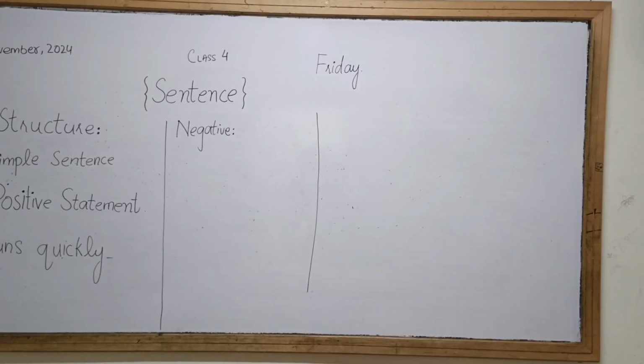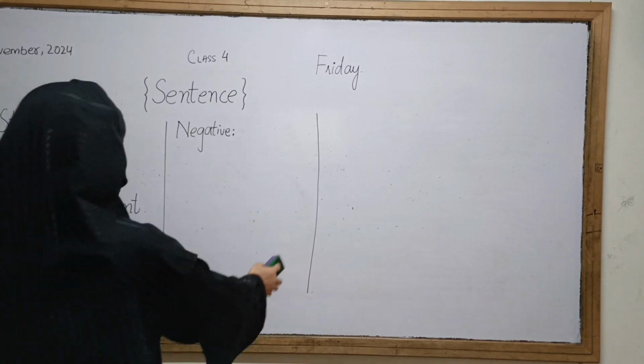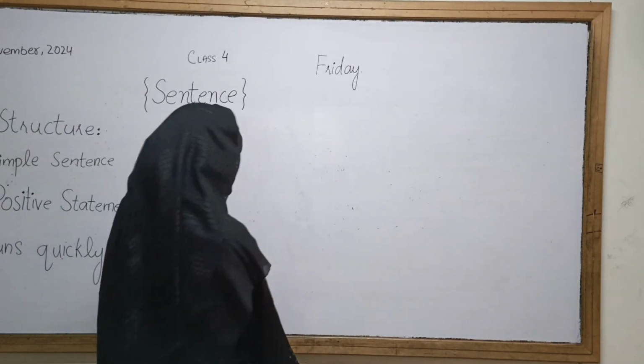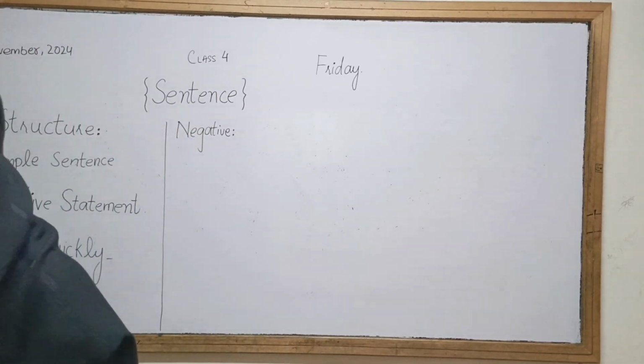Now the second characteristic of the simple sentences is negative. Negative means if the sentence is negating something.